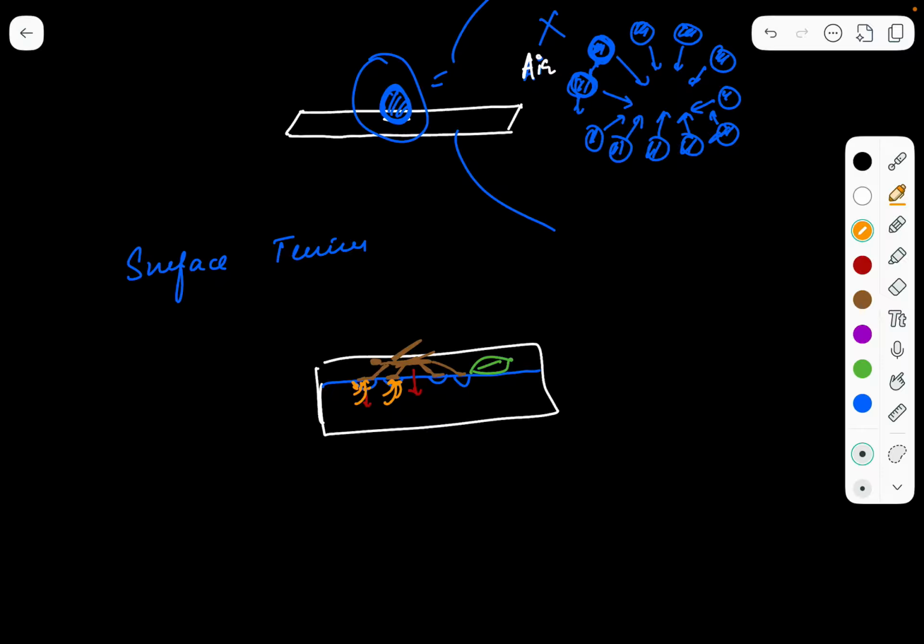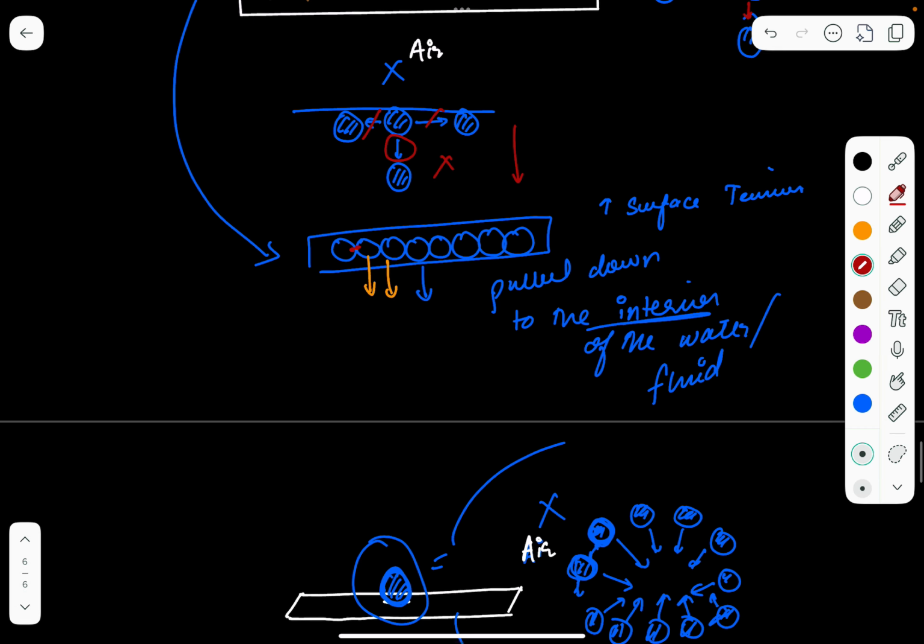And so you see them float on top, basically. You see a leaf float. You see an insect stand, because it distributes its weight across a larger area, right? And because it distributes its weight across a larger area, the force downward that it's applying isn't big enough to disrupt this delicate interaction between these water molecules on the surface.